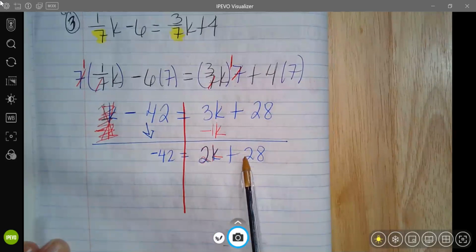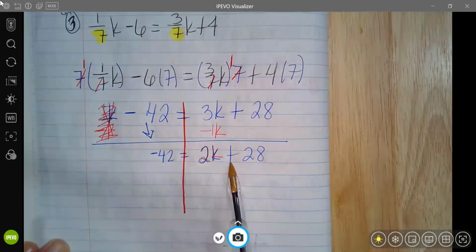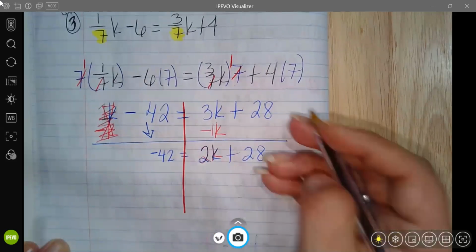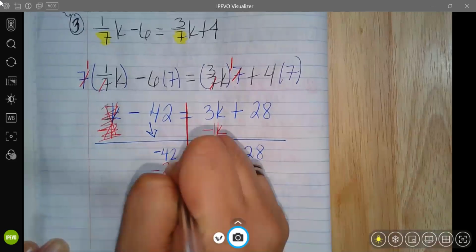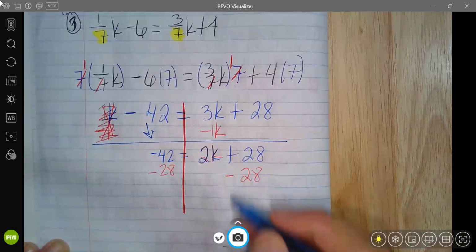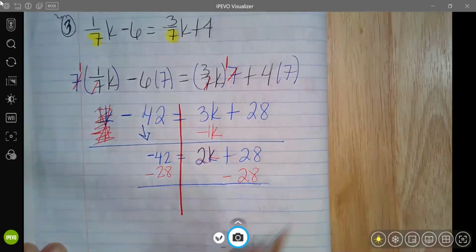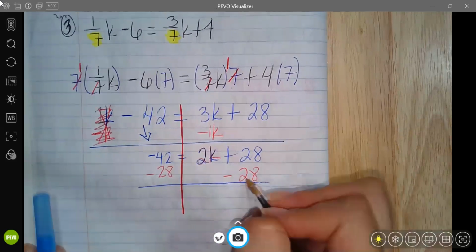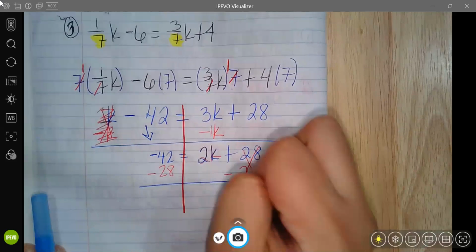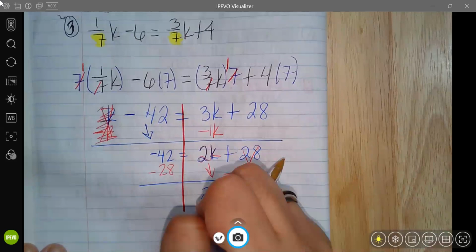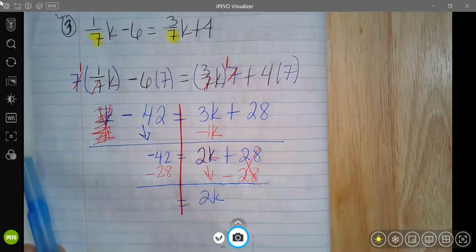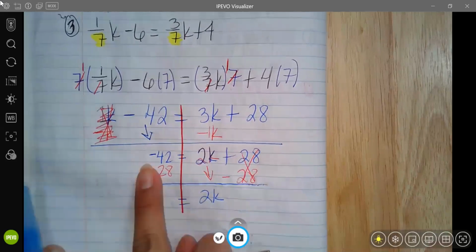So this is a plus 28. The opposite is subtracting 28 on both sides. 28 minus 28 gives us 0, which is what I want because I'm trying to move things over and group them. So I have 2K here. Now I have negative 42 minus 28.